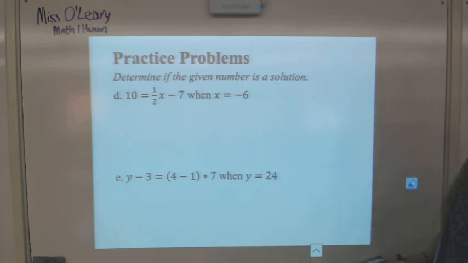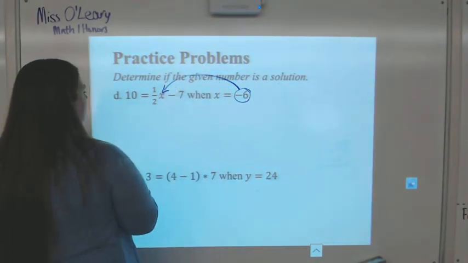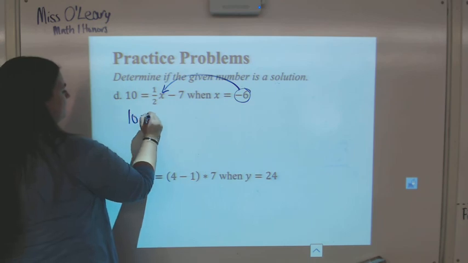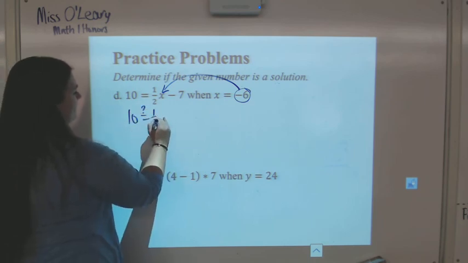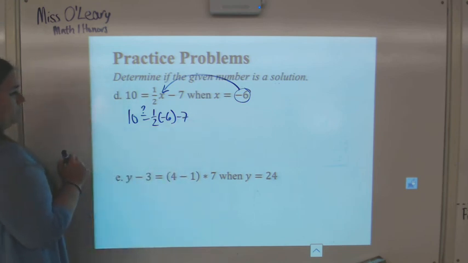This first one here, I'm going to use my skills of substitution. Wherever I see x, I'll plug in a -6. So I want to know, does 10 equal 1/2 times -6 minus 7? Order of operations.